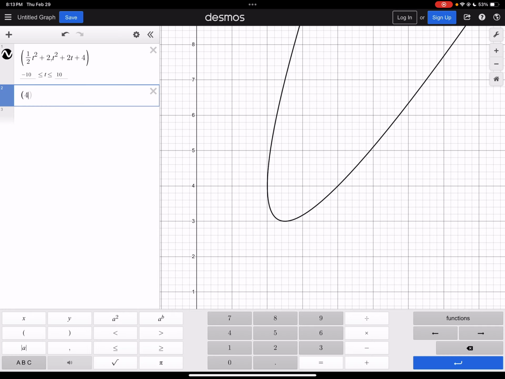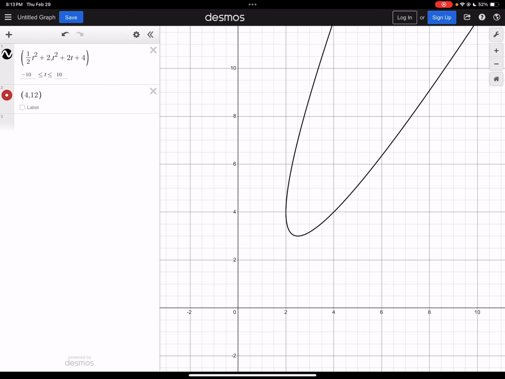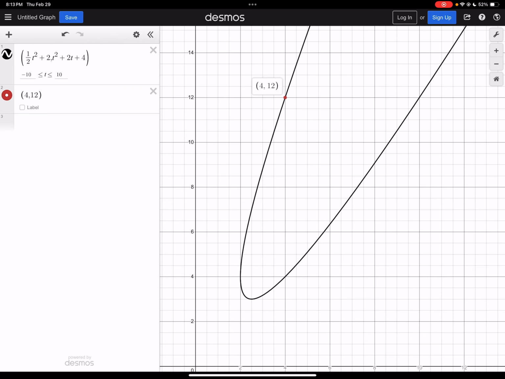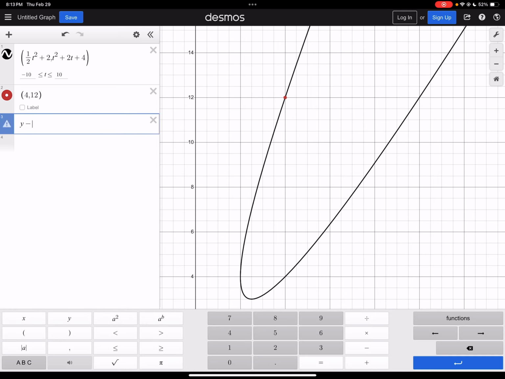So I'm going to go ahead and graph that so that you could visually see where that is. 4, 12. That points right here. Now my tangent line equation was y minus 12 is equal to 3 times x minus 4. So that works out.